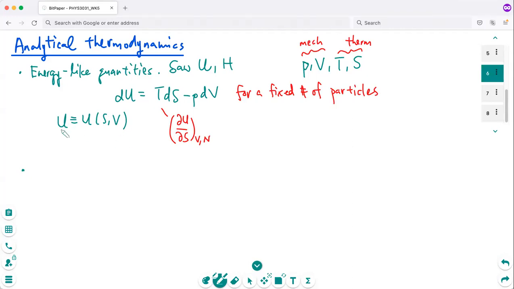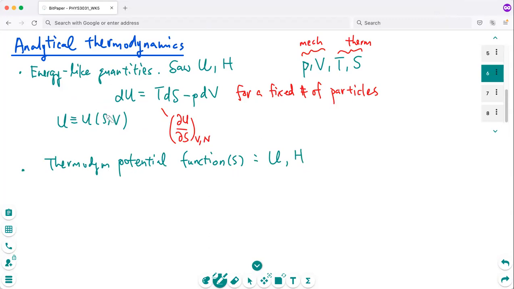We call this kind of energy-like quantity, like U, a thermodynamic potential function. U is naturally one of them. If I replace V by pressure, I get another one, and you have seen it: this is H, the enthalpy.